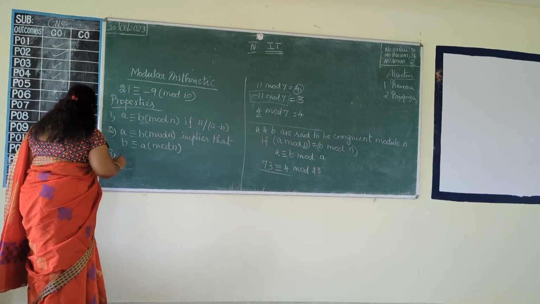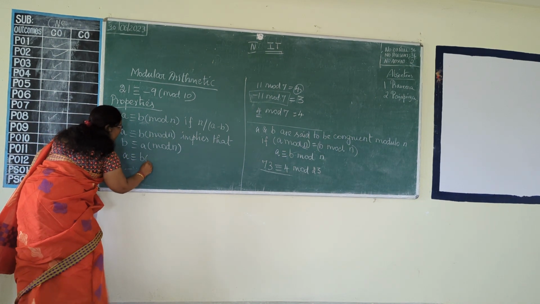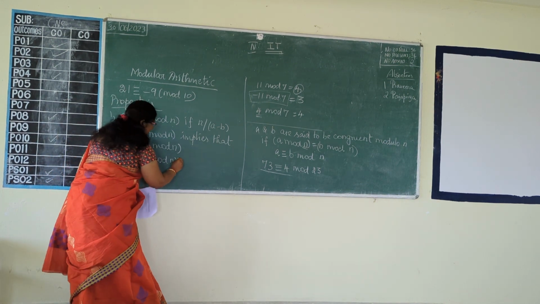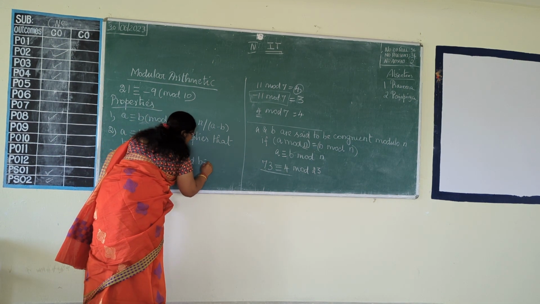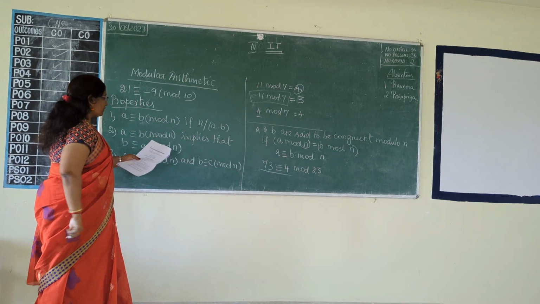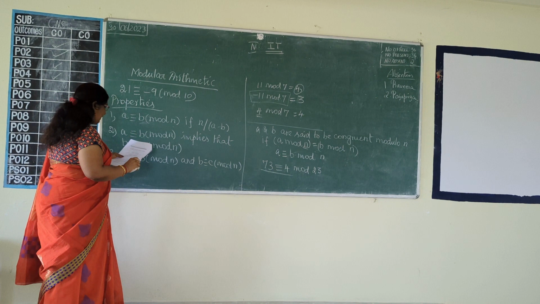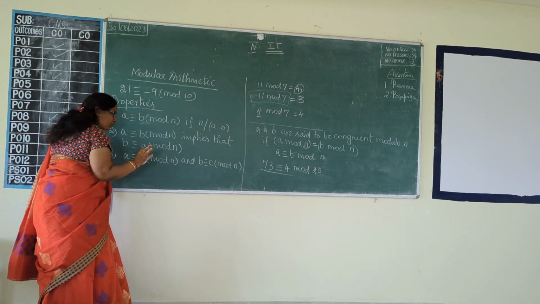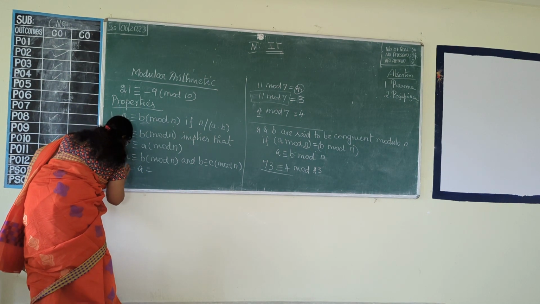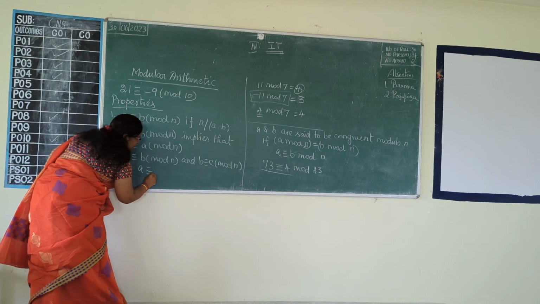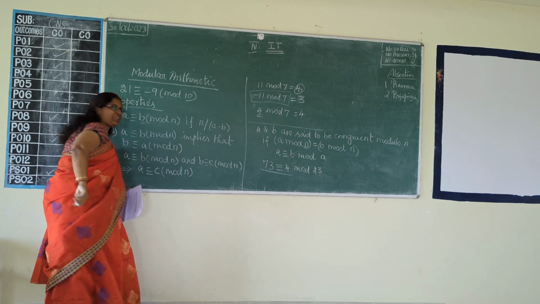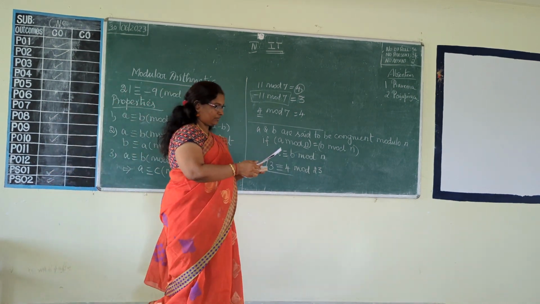Property 3, the third property. A is congruent to B mod n and B is congruent to C mod n implies that A is congruent to C mod n.